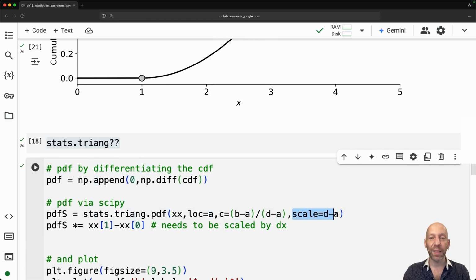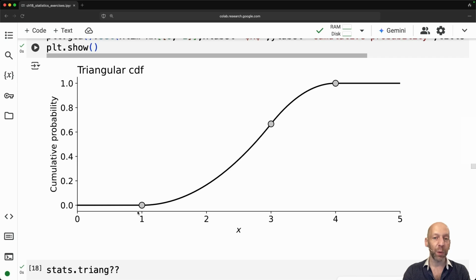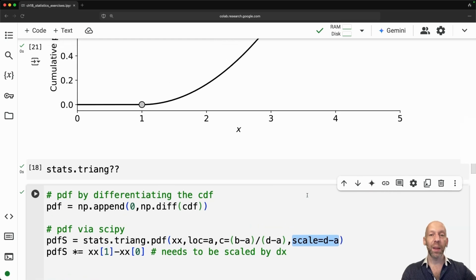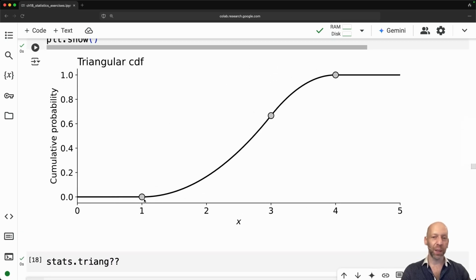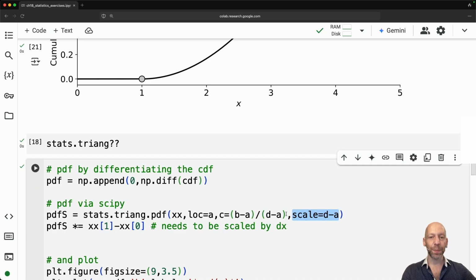Scale, it turns out, is the distance between A and D. So the distance between this point here and this point here is what Python expects for the input to this fourth input argument, scale. Now that is 3. We can just look at this plot and calculate that it's 3 because this is 4 minus 1. So that is how you get this parameter.